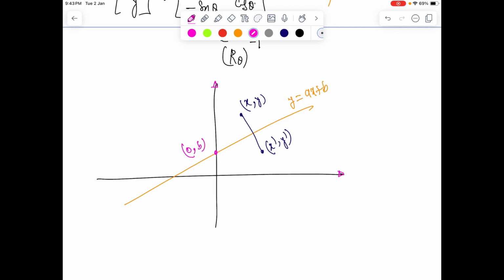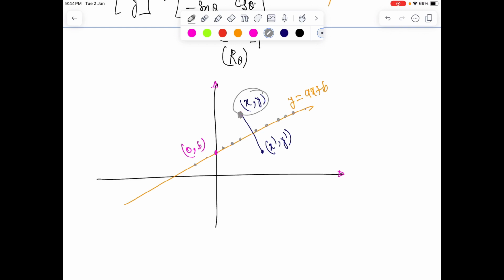So the y-intercept is clearly 0, b, because at x equal to 0, y will be b. Now instead of reflecting x, y in the line y equal to x plus b, first we'll shift the entire set of coordinate points.